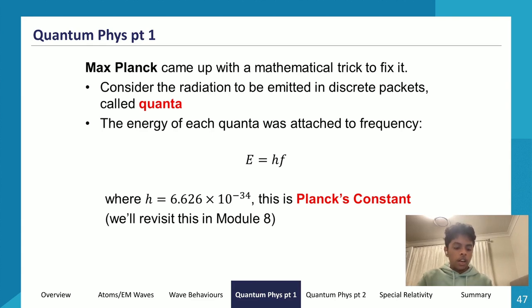It would carry 1.9878 times 10 to the power of negative 31 joules of energy. So that's what it would look like, and this is how you would calculate the energy within each photon.